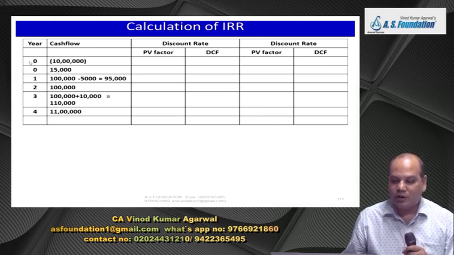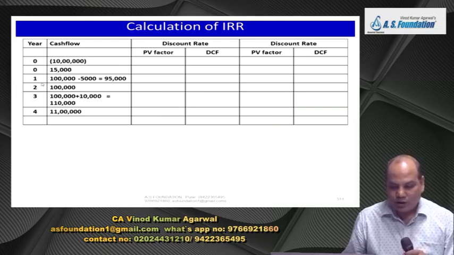So read the question again. It says year 0, B Limited gave an advance to C Limited for rupees 10 lakh. So 10 lakh I have shown as outflow. Then it says B Limited received rupees 15,000 as processing charges. So I have shown as inflow. Then in year 1, what will happen? B Limited will receive interest from C, 10% of 10 lakh, 1 lakh.